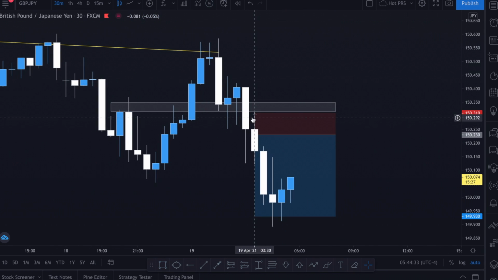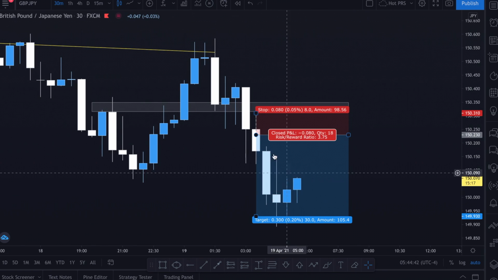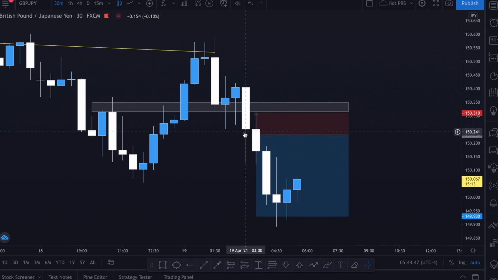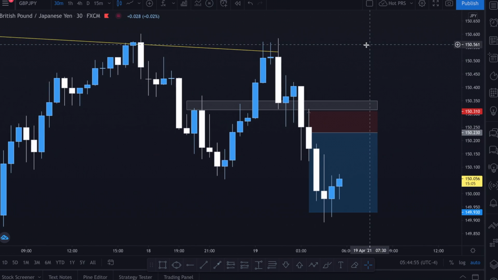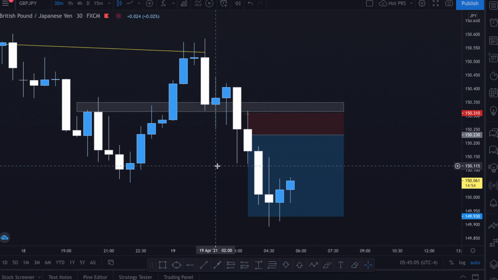My entry was supposed to be right at the top here, but the first thing I do at the charts is I try to find as much confluence as I can for why to enter the trade, look at the setup, read through my journal, make sure of the weekly objectives, and then from there I'll look for entry.